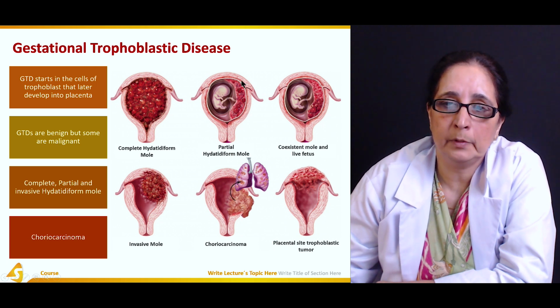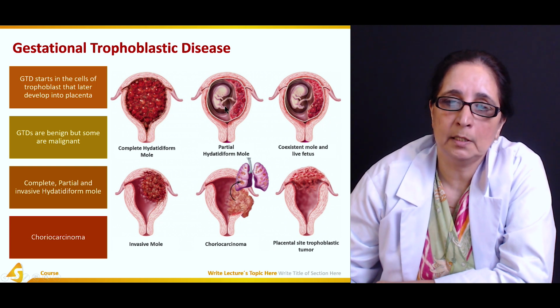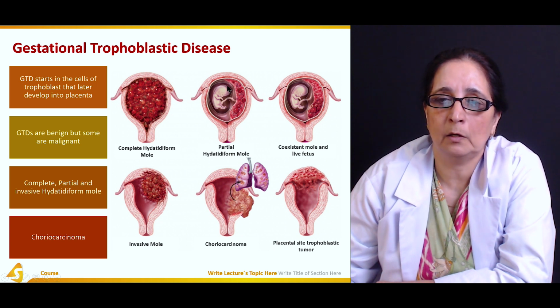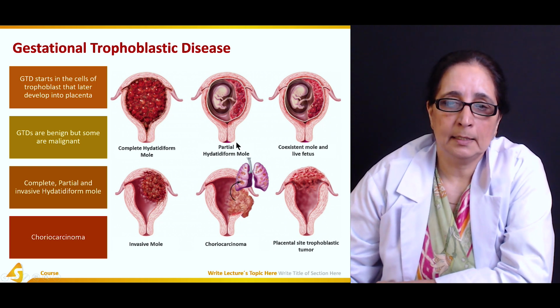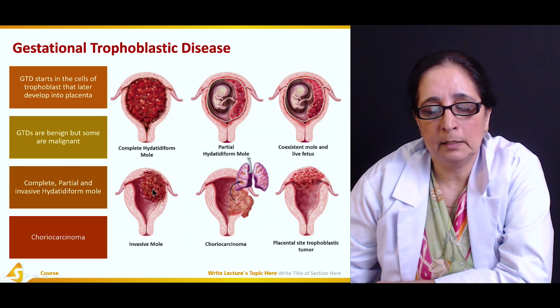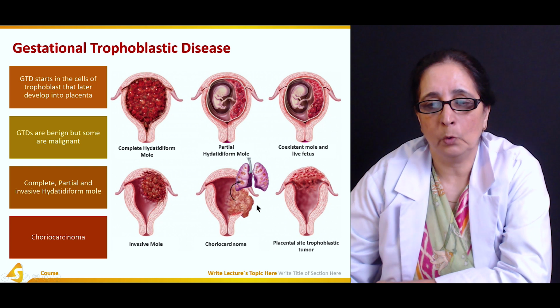On one side you can see there is mole, and on the other side the fetus is growing. So this is partial, not complete. The fetus is also growing along with the mole. The same here. And this is the invasive type of mole. Here, you see the mole is invading the uterine wall, the muscle layer of the uterus.